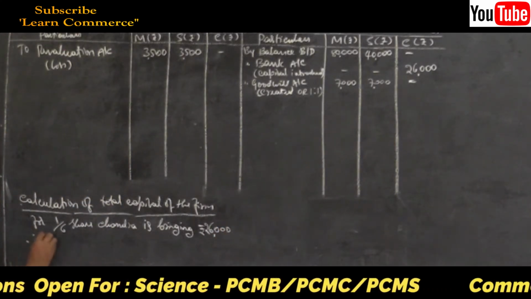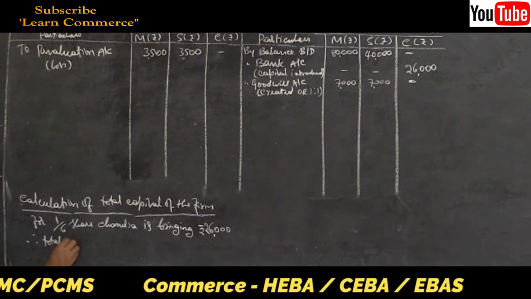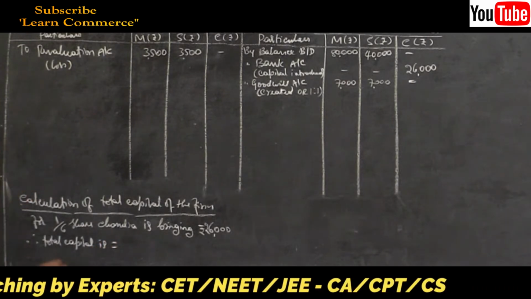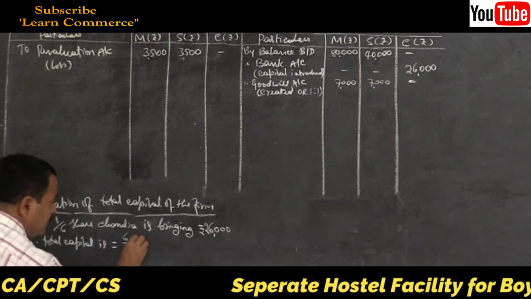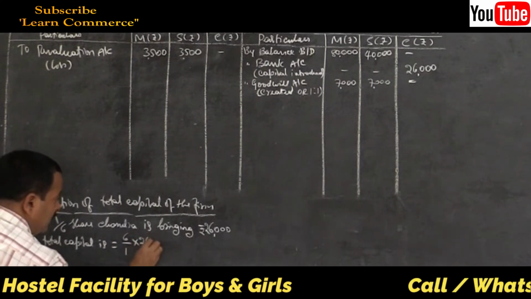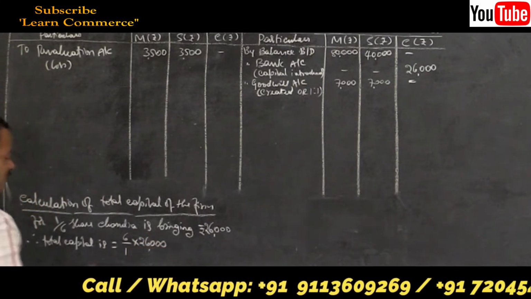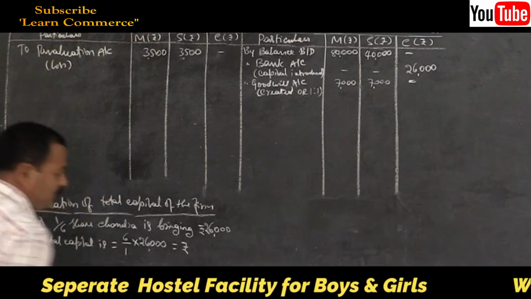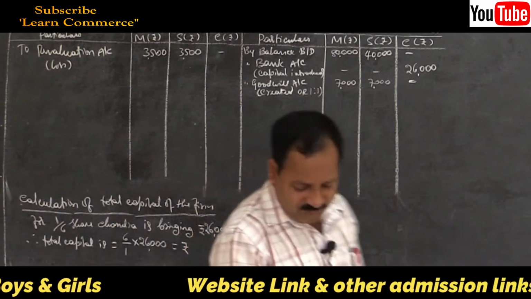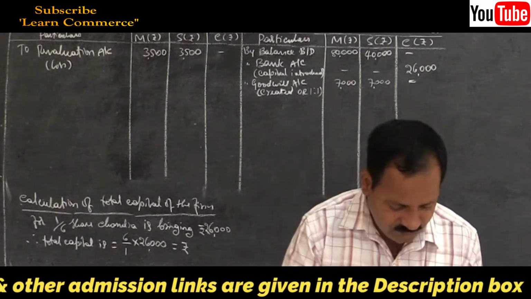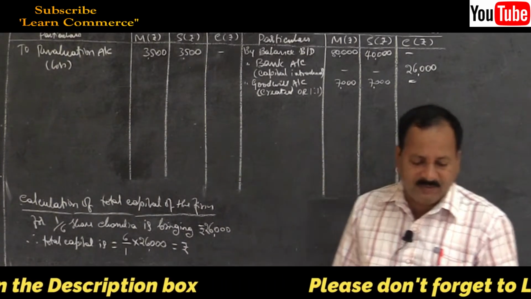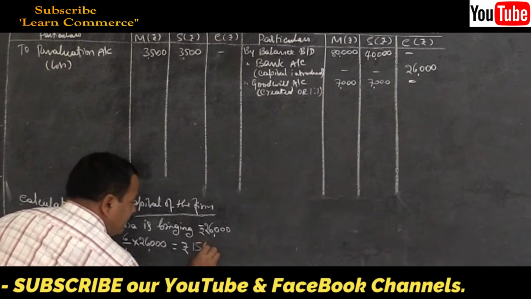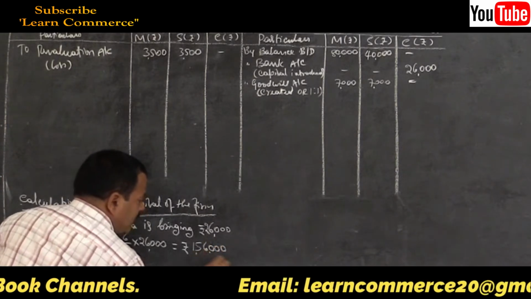Therefore, total capital is equal to 6 by 1 into 26,000 is equal to rupees how much? Calculate. 6 by 1 into 26,000 means 1,56,000 rupees. 1,56,000. This is the total capital of the firm.